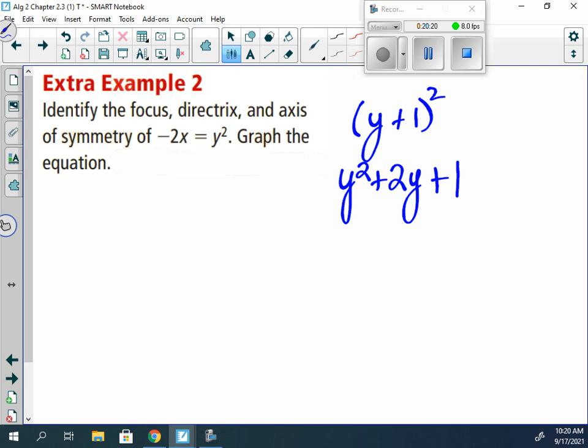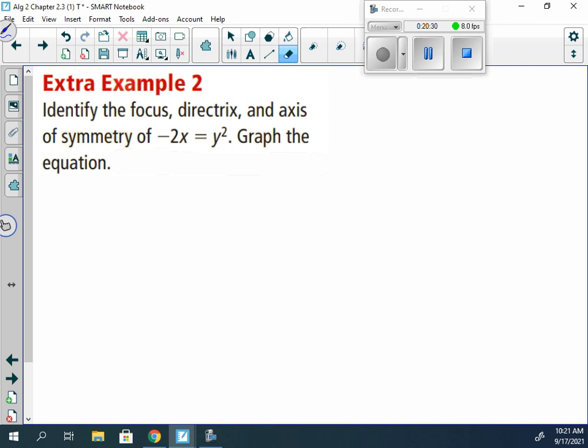We would have that term, because essentially they're taking that y plus 1 squared and distributing it out, if we had it all the way written out. But because the vertex is 0, 0, we're just going to have our y squared and our x. Or we'll have our x squared and our y. We won't have more than that.